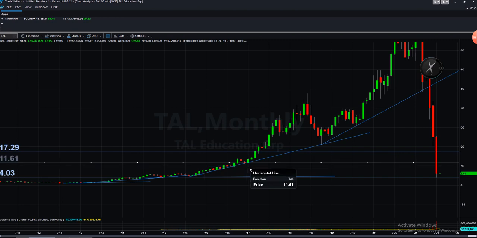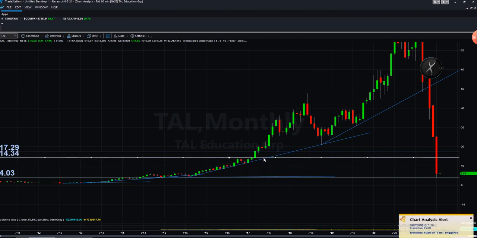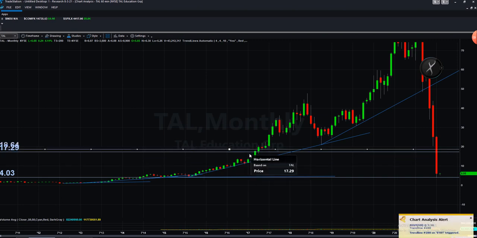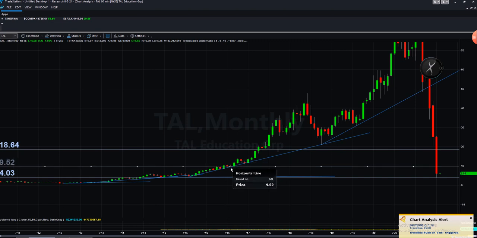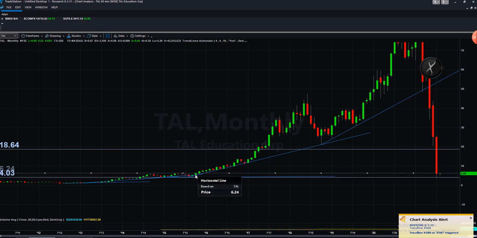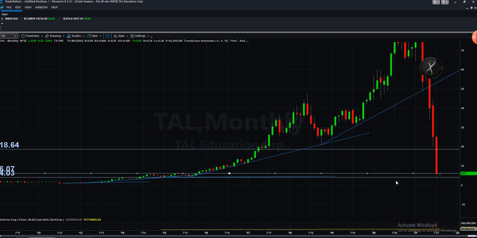Alright, so going off the monthly chart here, I want to say that $6.24 area, or more like 6.07, 6.08, is going to be our support resistance line after that bottom of $4.03.